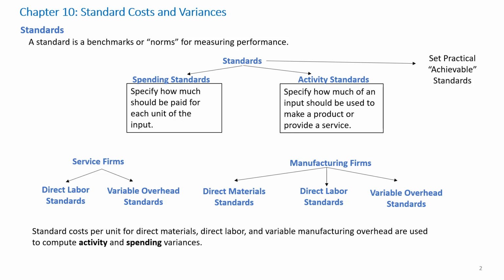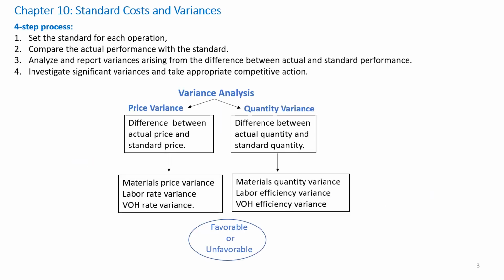When setting standards, management should focus on practical standards as opposed to ideal standards. Because practical standards set achievable goals, there are fewer issues with worker motivation, and variance analysis can focus on management by exception. Variance analysis is a straightforward four-step process.